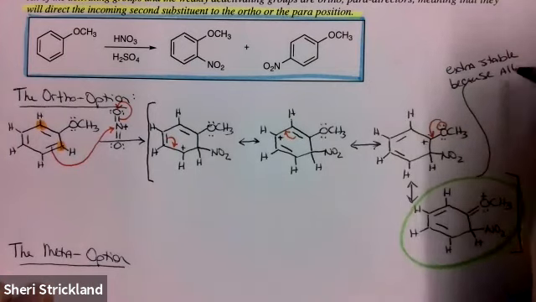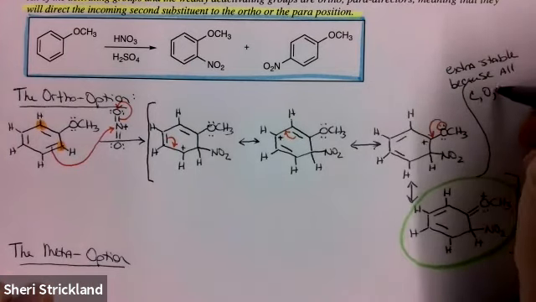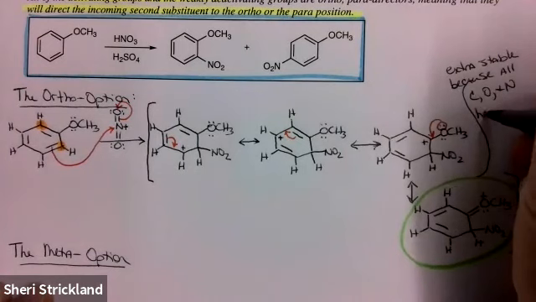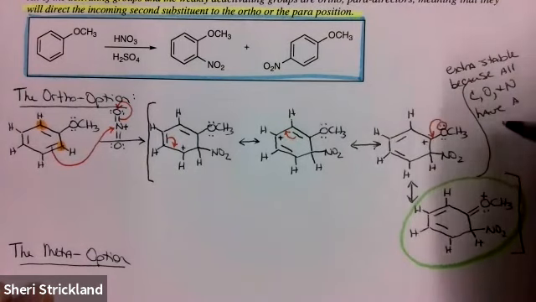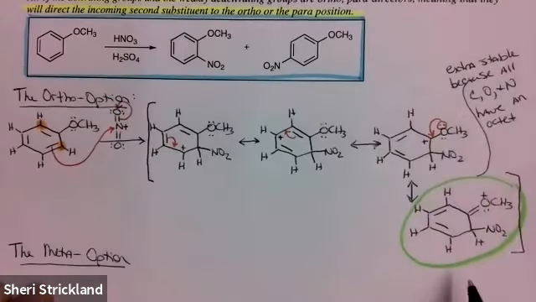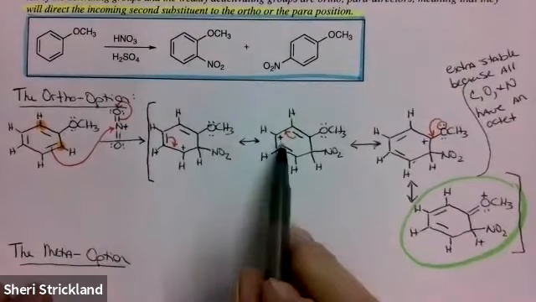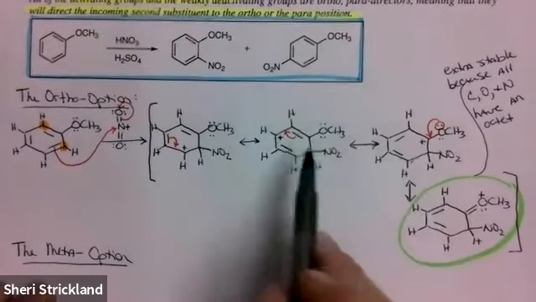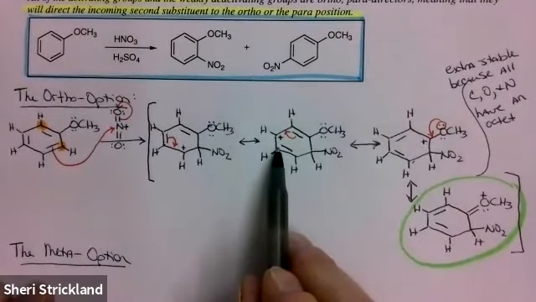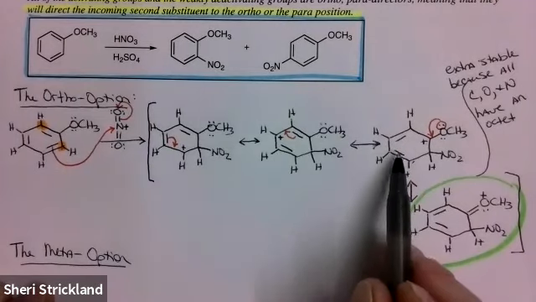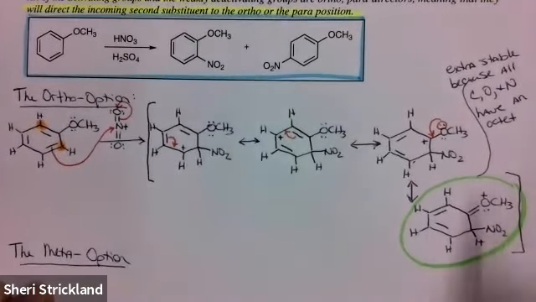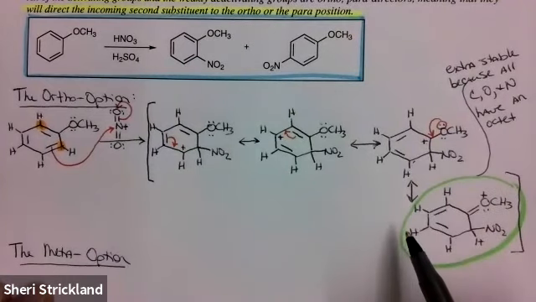Because all carbons, oxygens, and nitrogens have an octet. In this one and that one and that one, there's a carbon that has a positive charge. And it has a positive charge because it has an incomplete octet. Incomplete octet makes a resonance contributor less stable. So because of that, this is a special thing.